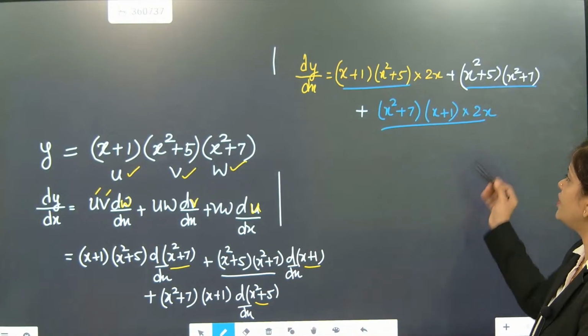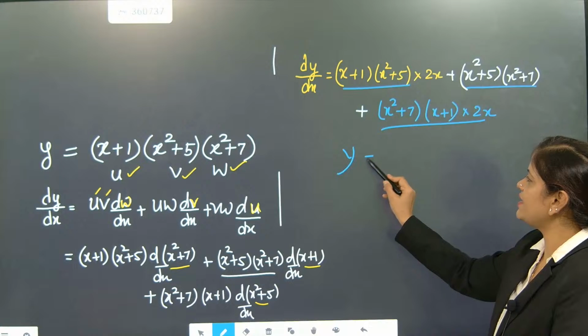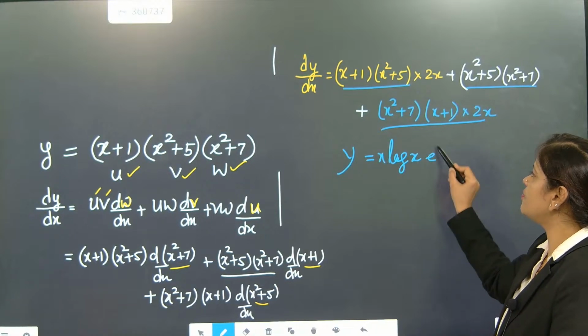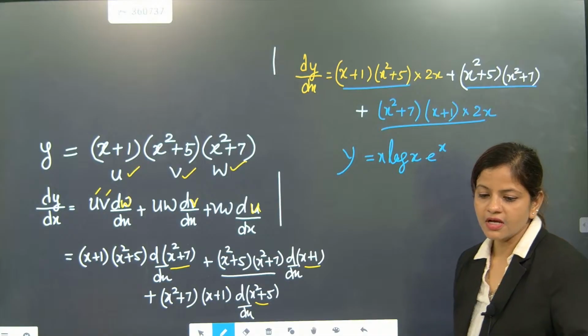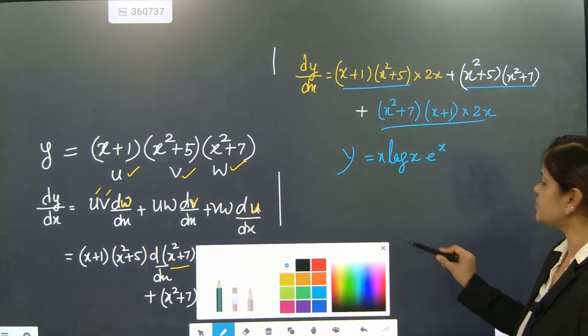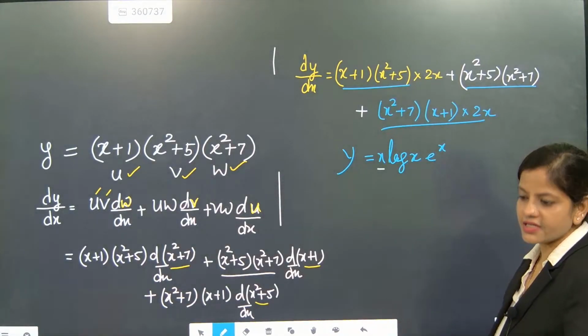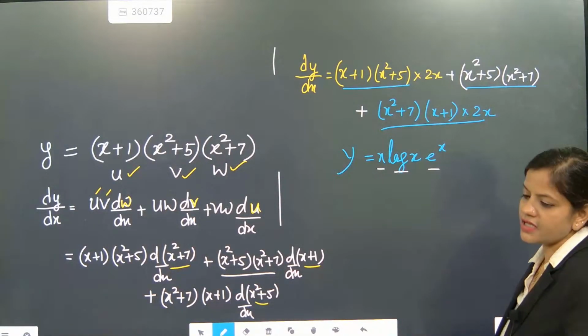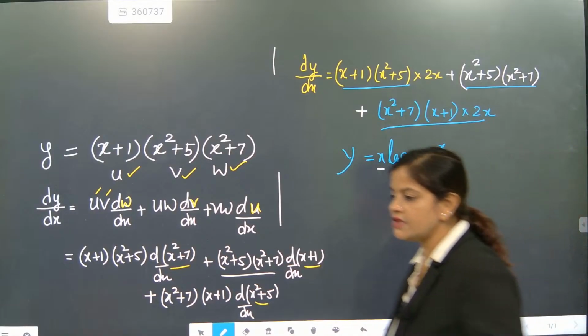Understood? So UVW. So if somebody gives you y is equal to x into log x into e to the power x. Come on, differentiate it. Here three different functions are there. What are the three different functions, Nishi? First function is variable x. Another function is log x. Another function is e to the power x. So all three functions are there.